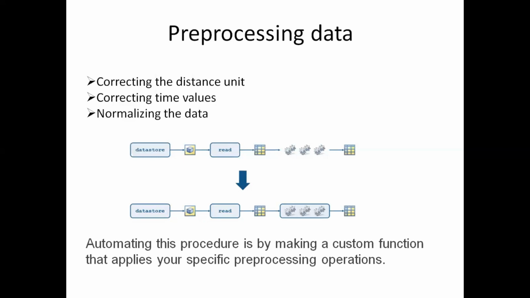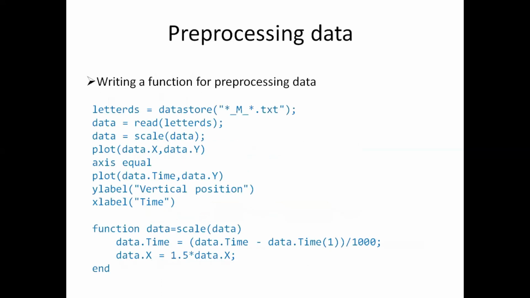For the entire data set, we will try to automate this procedure by first writing a custom function, and then calling that function, so that whenever you load the data, whatever the pre-processing step is, it will be applied to the data automatically. We will see how that is to be done.